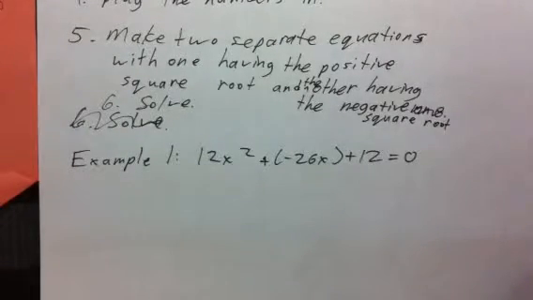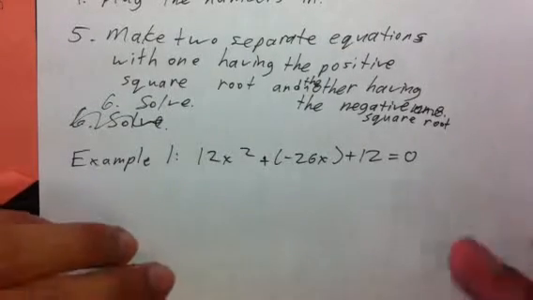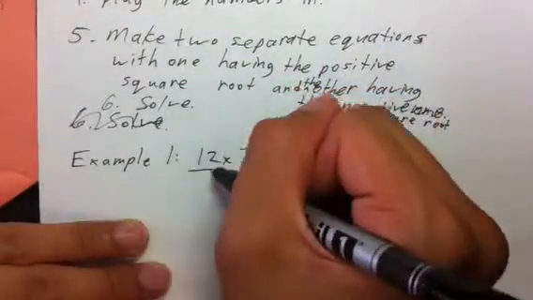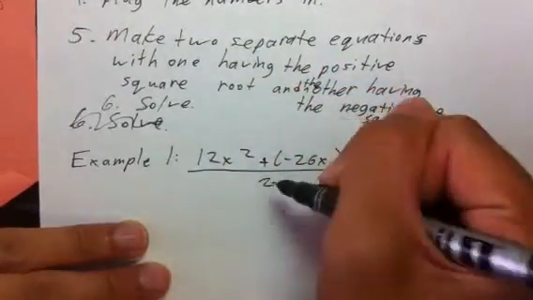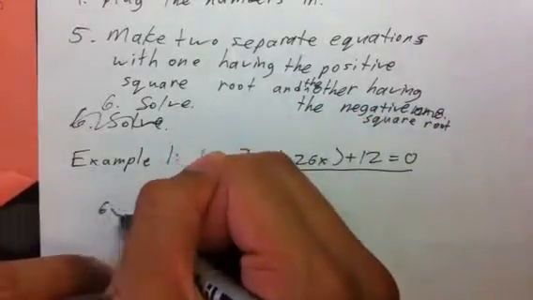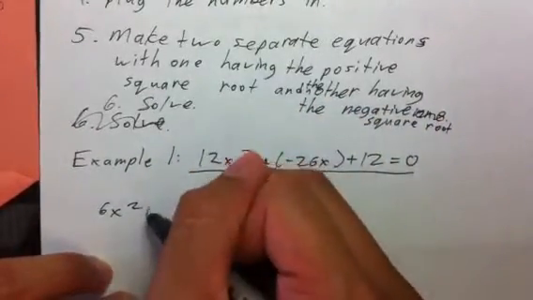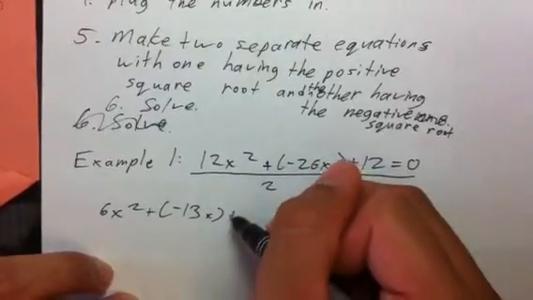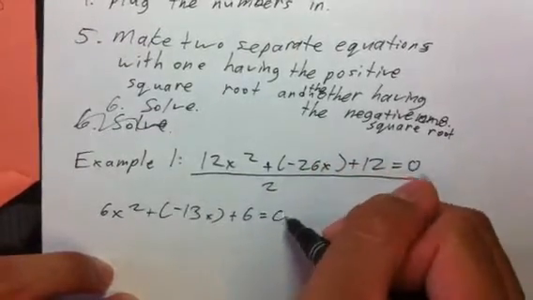It's already equal to 0, so I accomplished the first step already. Number 2, divide by any common factors along the terms, but still keeping the numbers whole. So we can divide the whole equation by 2. You have 6x squared plus negative 13x plus 6 equals 0.